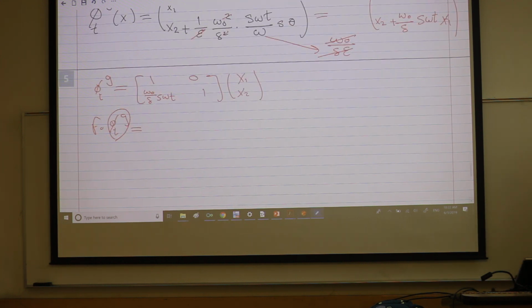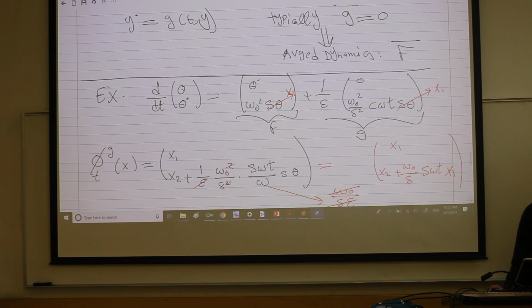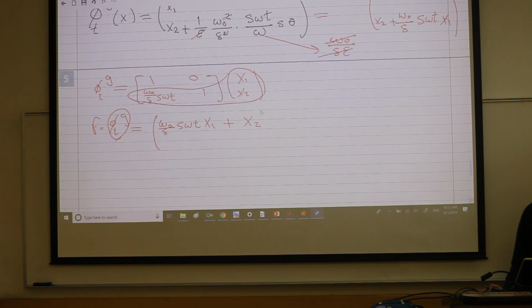So F when taking a point gives you the x2 of that point, the second thing of that point, which is omega naught over delta sine omega t x1 plus x2, this is it. Okay? And then the second entry is omega naught squared times x1, omega naught squared times the first entry. So omega naught squared, the first entry is also x1. And you can also write it in this form, linear: 1, omega naught squared, 0.